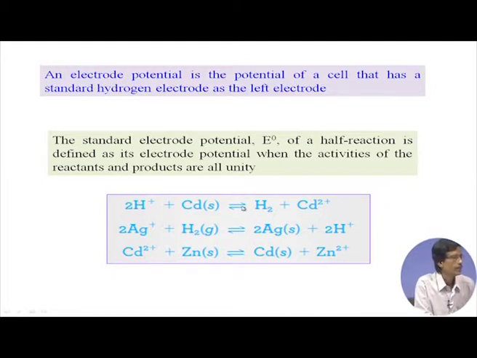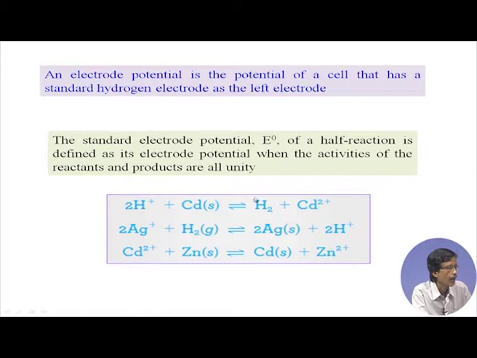Though we have written these with the reversible sign, what we are considering is that it has a tendency. That is why initially, when cadmium is reacted with some acid, the reaction will go to the right hand side with the evolution of hydrogen, that means cadmium is the stronger reducing agent which can reduce hydrogen ion for hydrogen gas evolution.